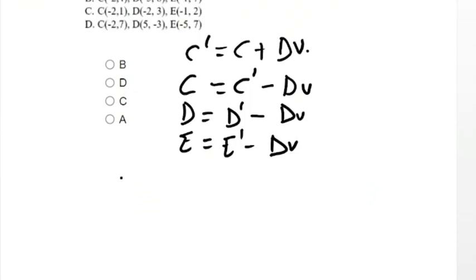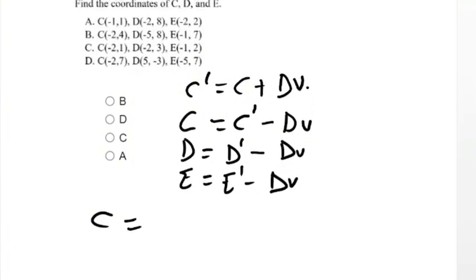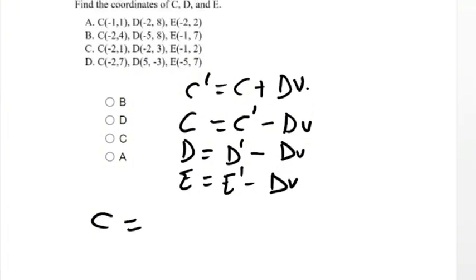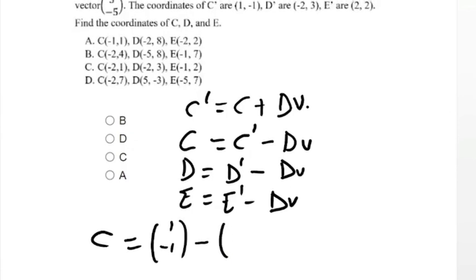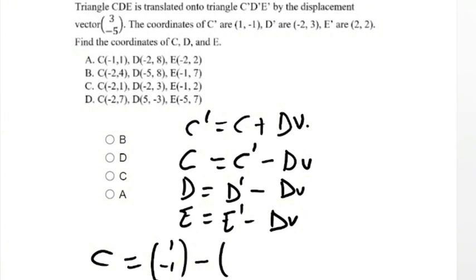The displacement factor is constant. So C equals C prime, which is 1, -1, minus the displacement factor 3, -5.